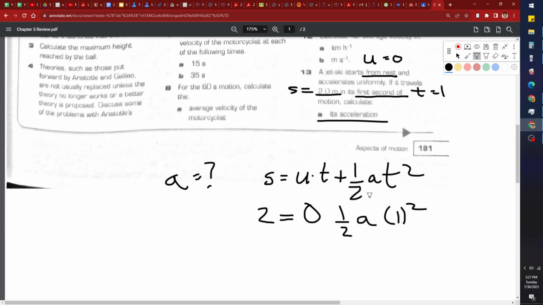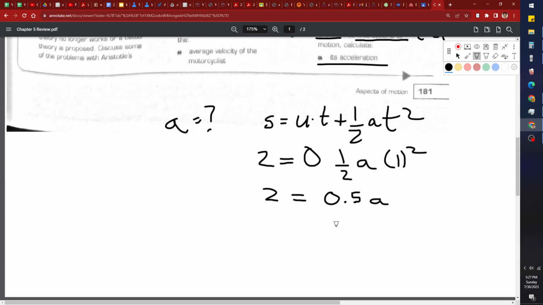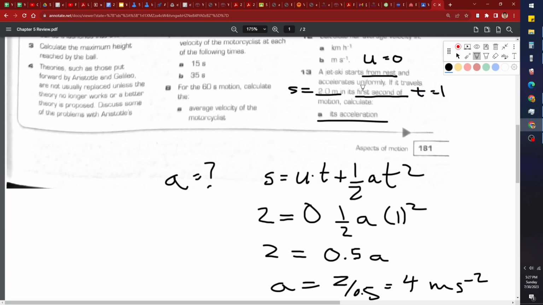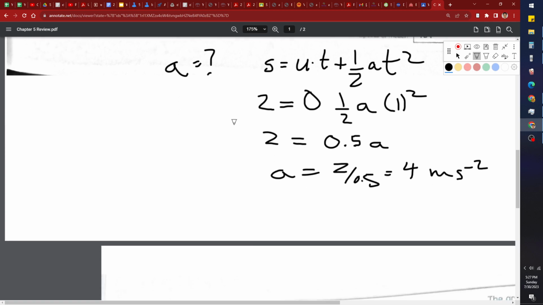Okay, so that's going to be 1 times half is half, right? So we'd have half times A equals 2. And so we rearrange, so that means A is multiplying this, so we'll divide that side. 2 divided by half equals 4. So 4 meters per second squared. Okay, forward, yep. So we got that part.